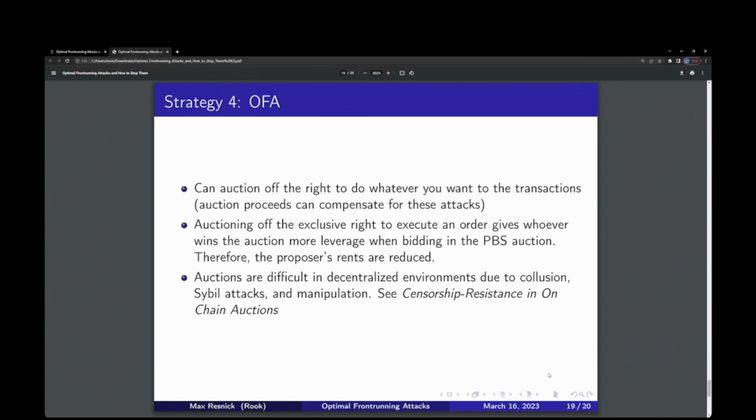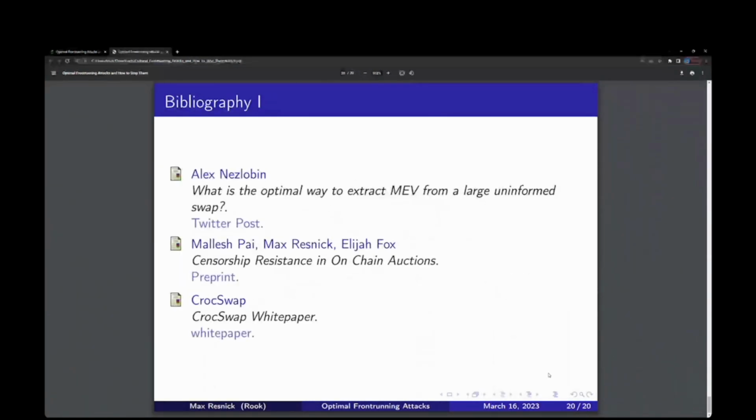Like about 30% of nodes are Lido and 25% Coinbase or something like this. So it's already pretty centralized there. And then the builder market is even more centralized than that. So in some sense, it's already a pretty centralized system in the MEV space. Anyway, that is all I had for the talk.